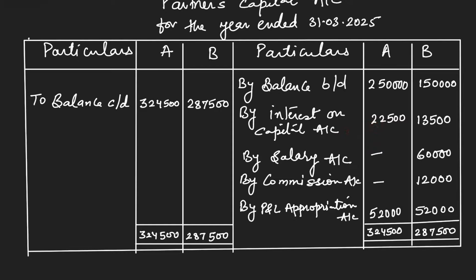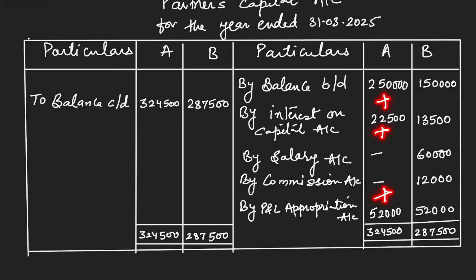So once we have calculated, now we can write here by interest on capital account 22,500 for A, 13,500 for B, salary to B recorded here, by commission recorded in B's column, then profit transferred from profit and loss appropriation account 52,000, 52,000. Now on the debit side we do not have any item.